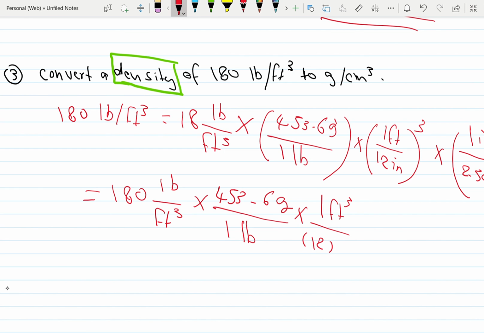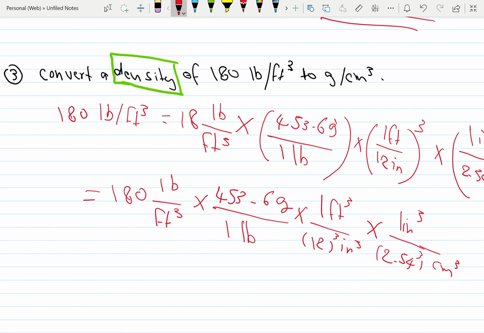the 12 cube by itself because we need to cancel the inches, an inch cube by itself here, and the last one times 1 inch cubed over, we leave the 2.54 cubed by itself, and then here also the centimeter cube by itself, because we need to cancel.